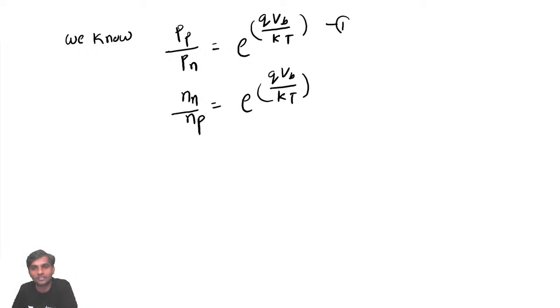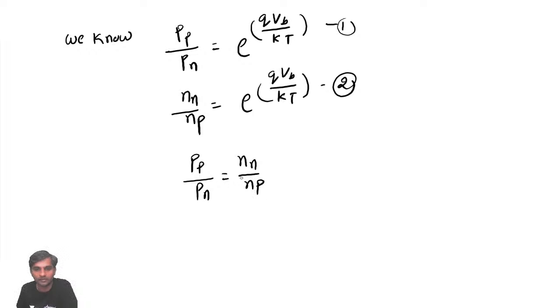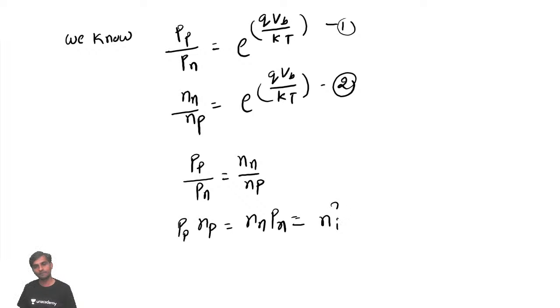Are both 1 and 2 same or not? So now you can equate them. So Pp by Pn is equal to Nn by Np. So can I write Pp Np is equal to Nn Pn. What does it say? Is it not mass action law? This is nothing but mass action law.